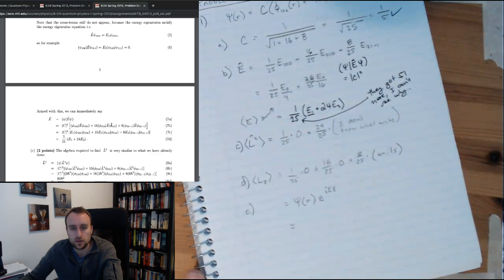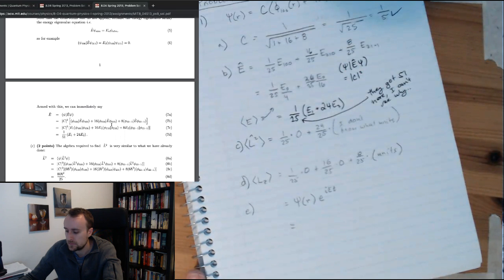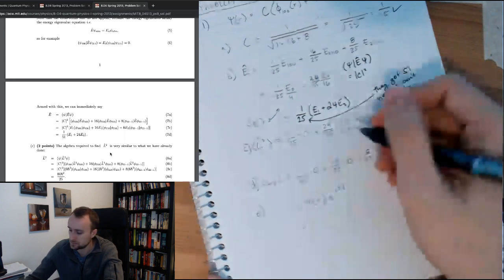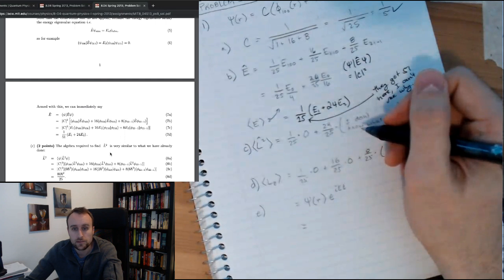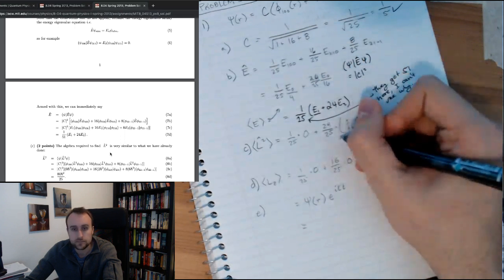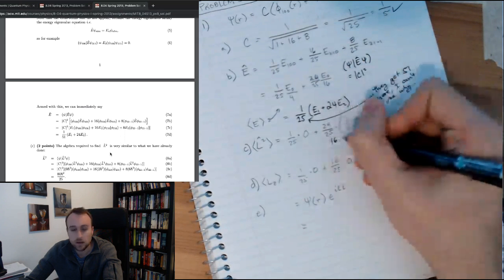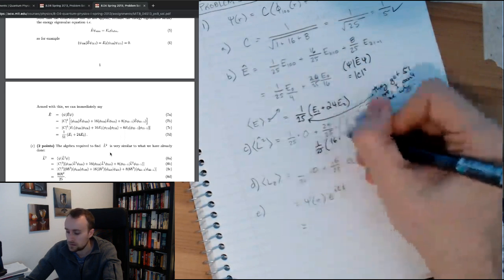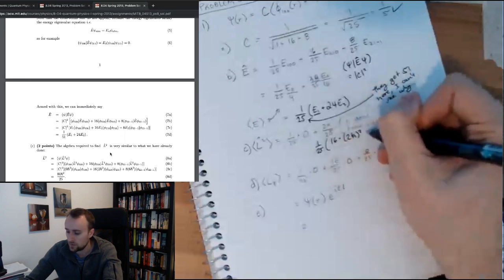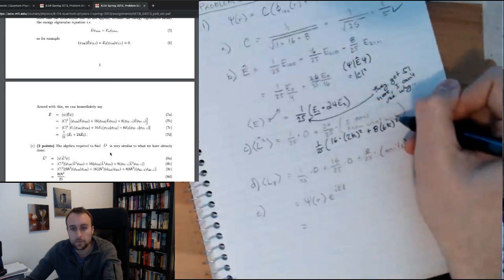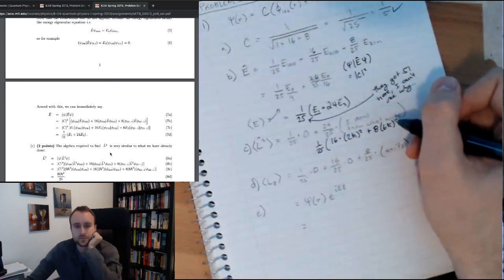Okay. Uh, 16. So it's going to be 16 times 2 h bar squared, 8 6 h bar squared.